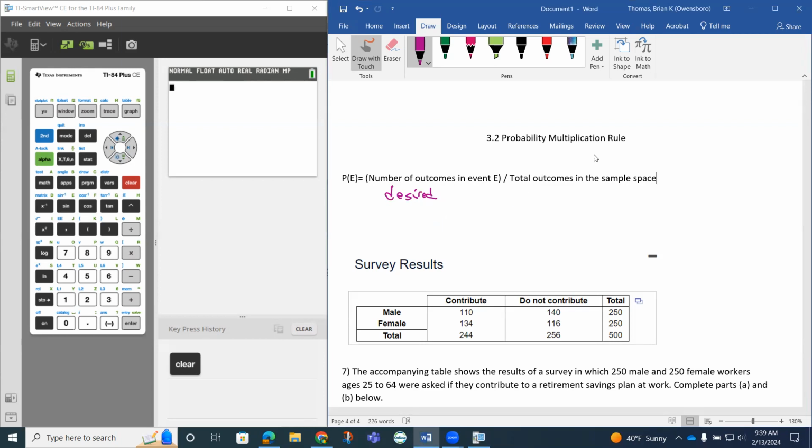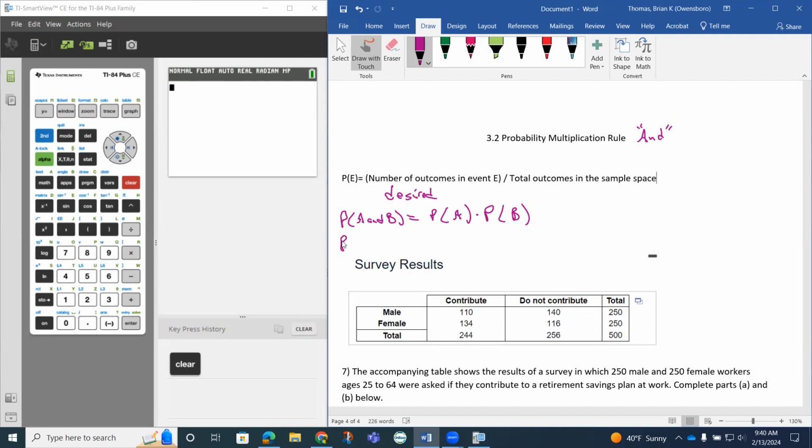Now, when we get into the multiplication rule, this is also sometimes known as the AND rule. So if you see this word AND, it implies that we're dealing with this multiplication rule. If we have the probability of A and B, there are two formulas. One of them is you multiply the probability of A times the probability of B. We use this if they don't affect each other, they're independent of each other.